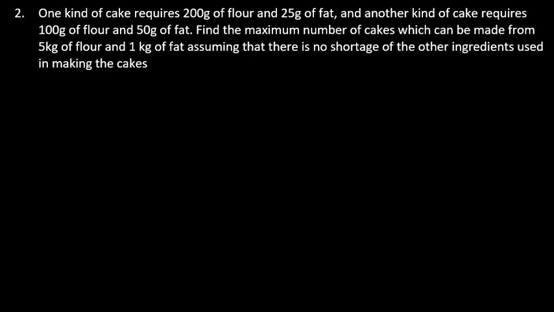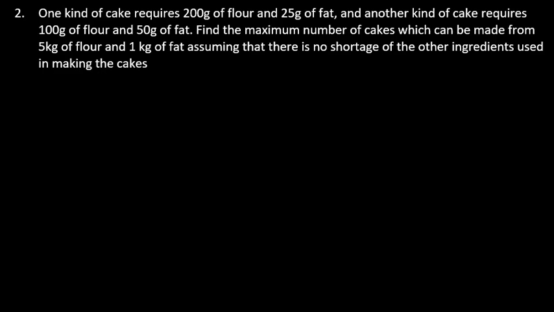Find the maximum number of cakes which can be made from 5 kg of flour and 1 kg of fat, assuming that there is no shortage of the other ingredient used in making the cake. So that means from 5 kg flour and 1 kg fat, you have to check the maximum number of cakes we can make. Okay, two kinds of cake are there.